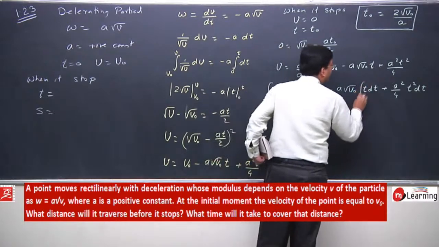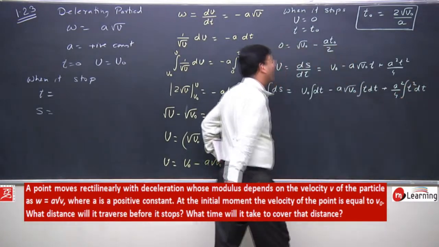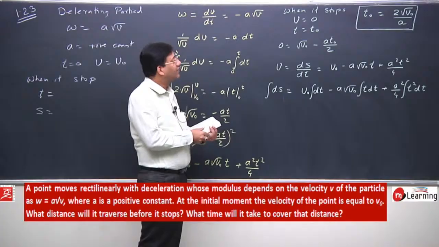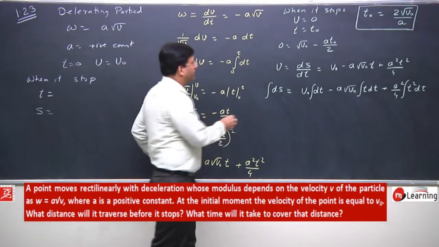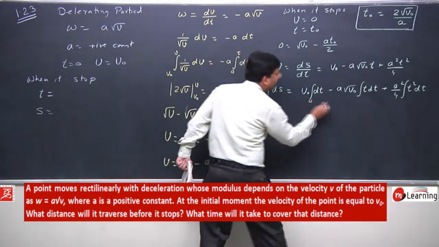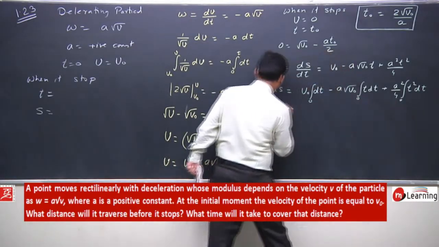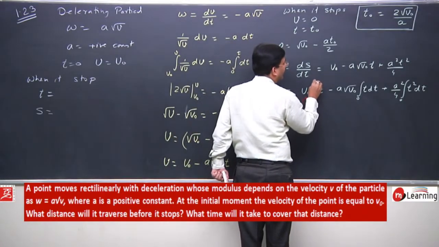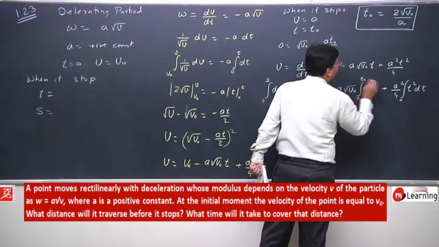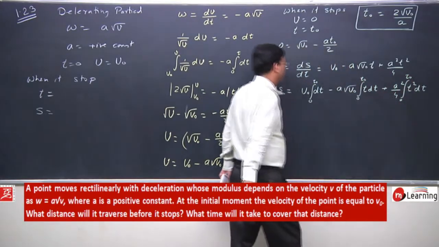मैं इसे इंटीग्रेट कर देता हूं, कांस्टेंट को इंटीग्रल से बाहर लिखूंगा, and then I put the limits as well. Initially at time 0 the distance is 0, and when it stops the distance traveled is, let us say, s, and time is t naught.